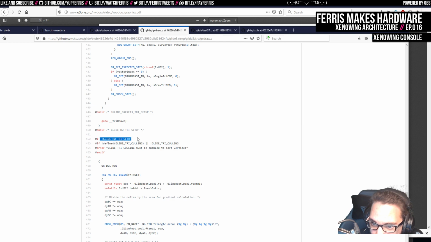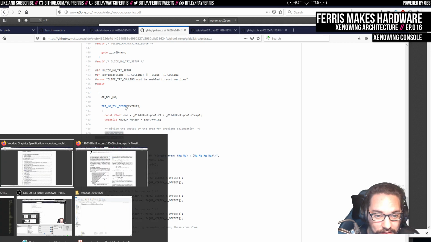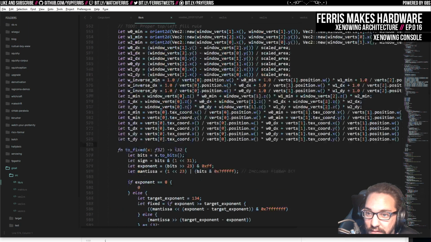If not hardware triangle setup, right? Yeah, I'm guessing this is all floating point here. Yeah, it is. So here they do the area scaling, which is exactly what I did here as well.